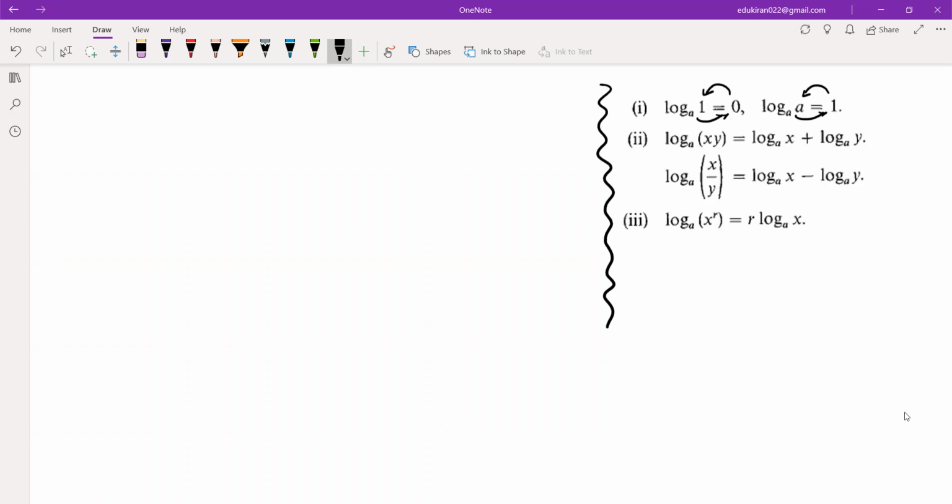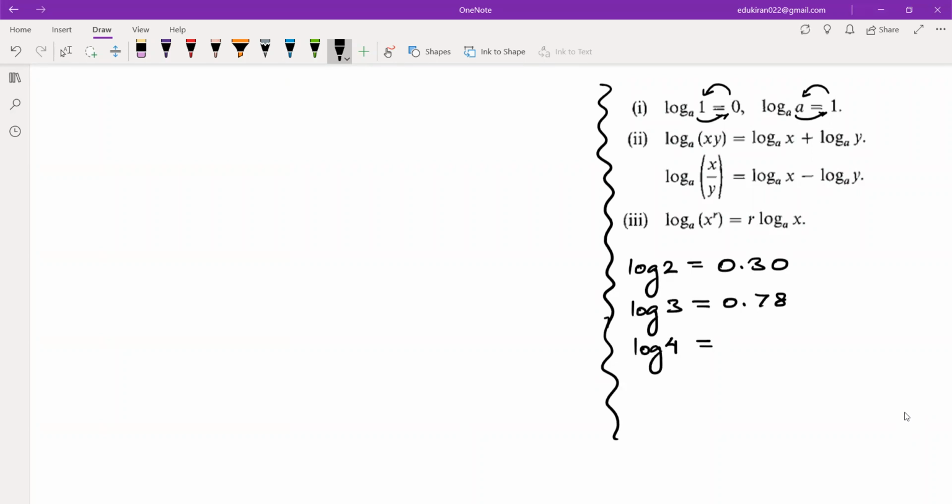Then the next thing that you have to do is remember only 3 logs. How many? You have to remember 3 logs. So I am giving you those logs. Log of 2 is equal to 0.30. Log of 3 is equal to 0.48. Log 4 is equal to log 5.